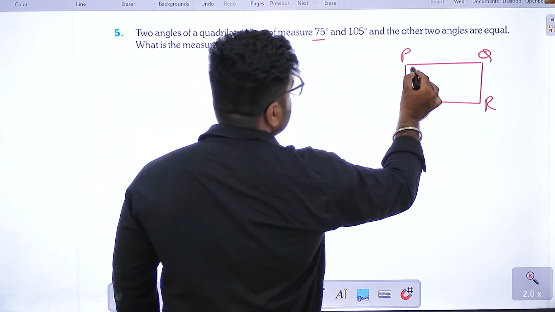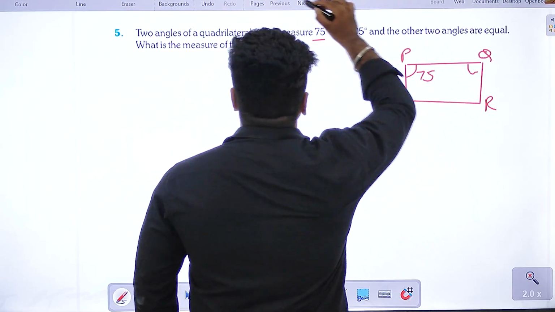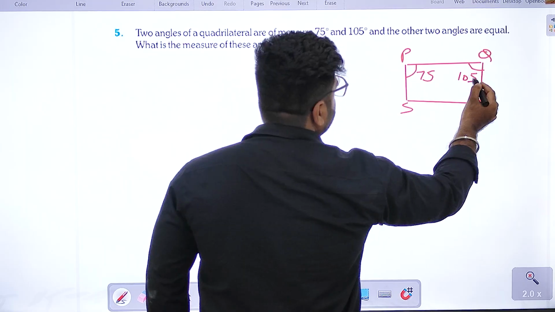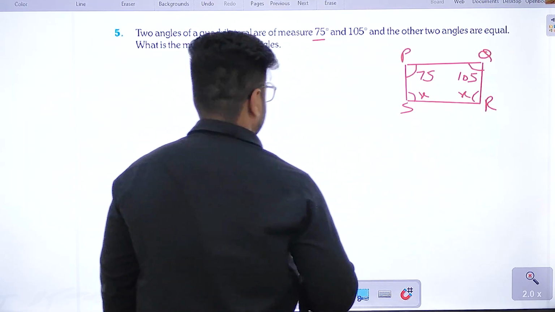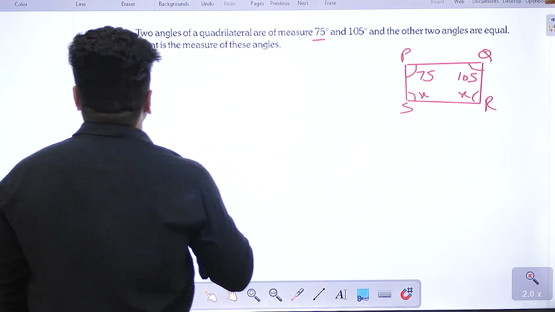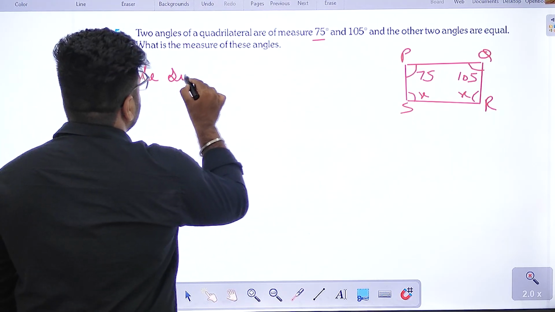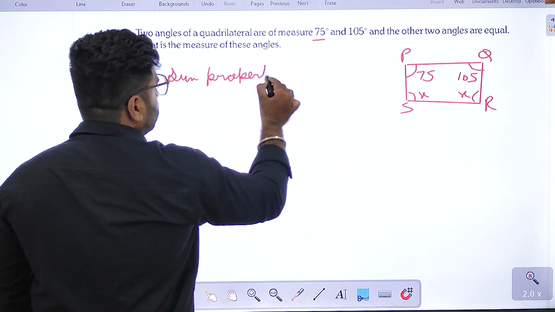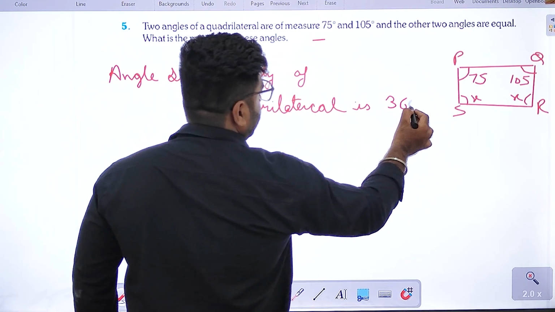So one angle is 75 degrees, then one is 105 degrees, and the other two angles are equal. Let's assume them to be x. So by the angle sum property of a quadrilateral, the sum is 360 degrees.